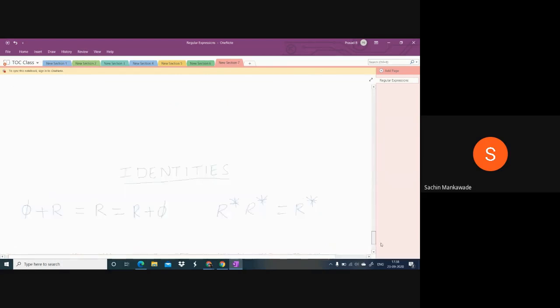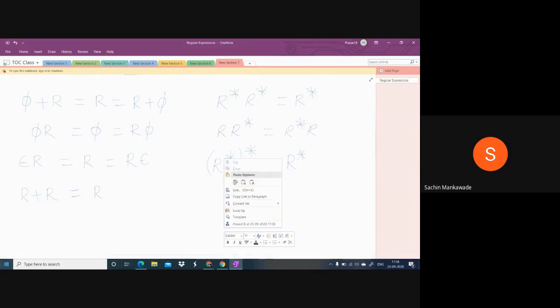Now come back. Here, what will be RR star? RR star is simply R plus. For R plus, if we add epsilon, that is epsilon plus RR star. RR star is R plus. For R plus, if we add epsilon, you will get R star.